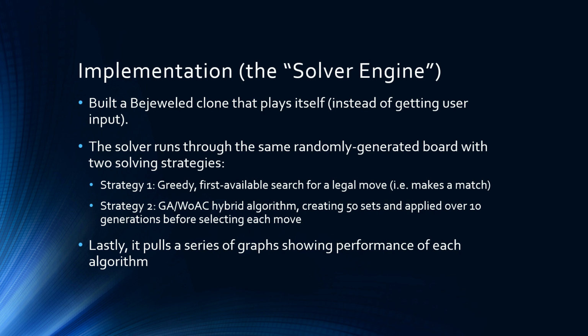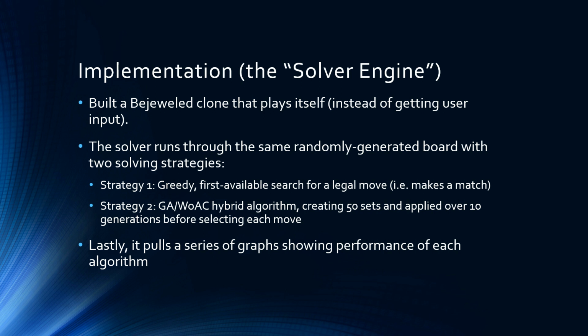Once that is finished, it takes that saved copy of the board, replaces the board with that one, and then attempts the second strategy, which is a genetic algorithm and wisdom of artificial crowds hybrid algorithm. In this case, the genetic algorithm uses 50 sets in the population and applies that over 10 generations before selecting each move.